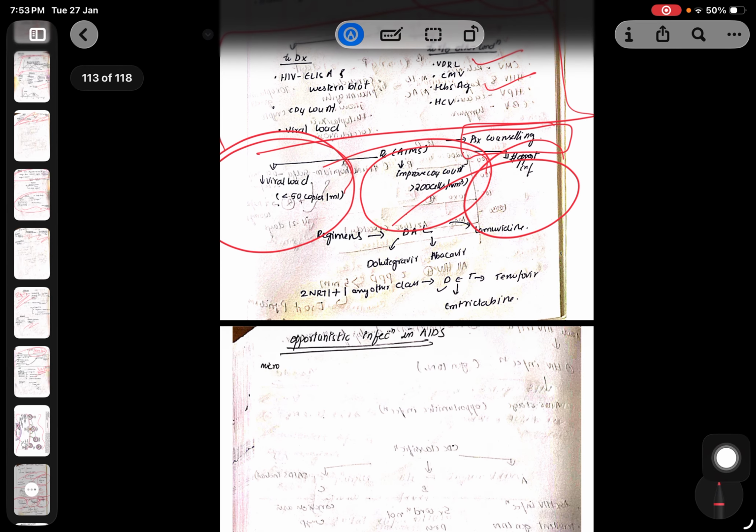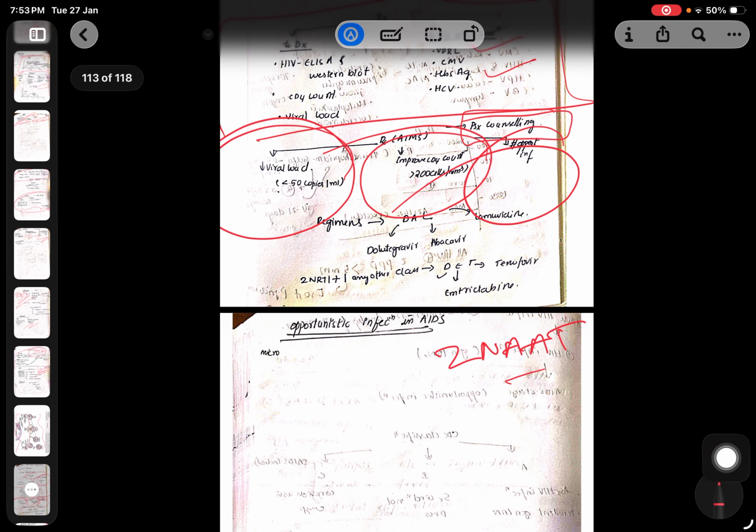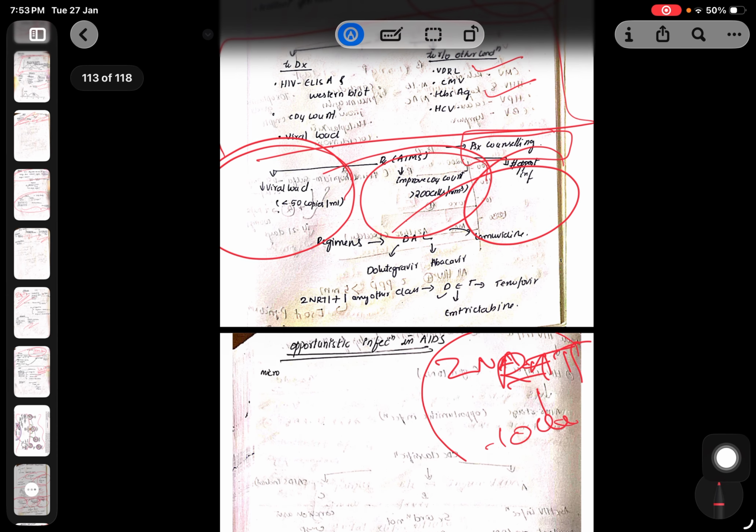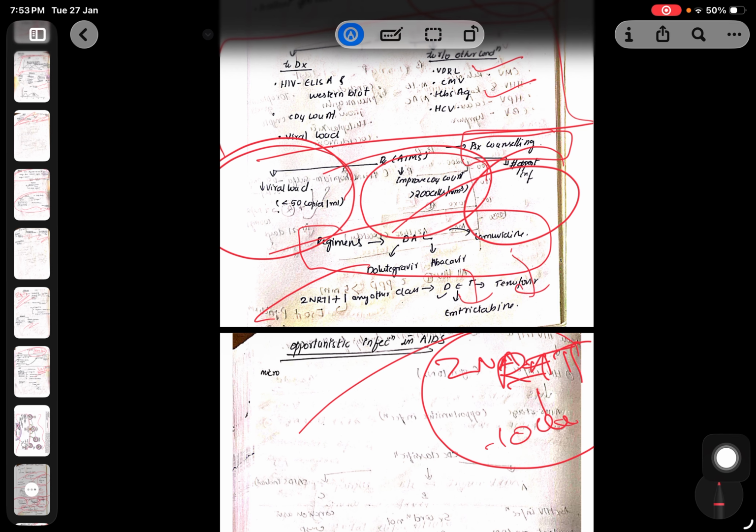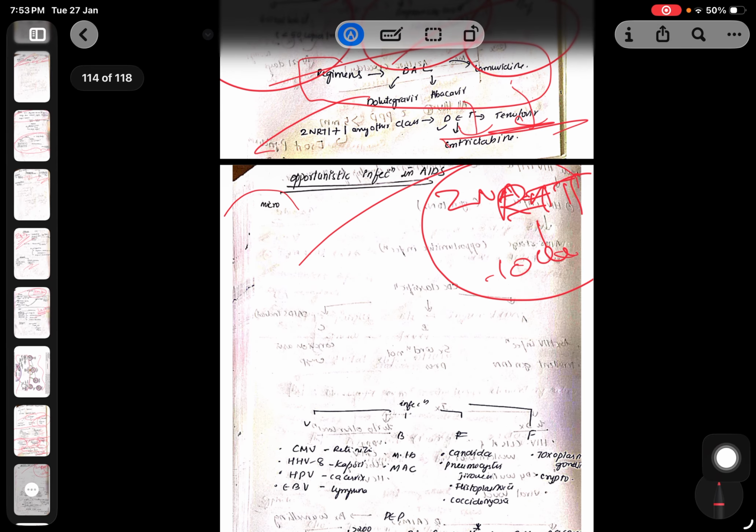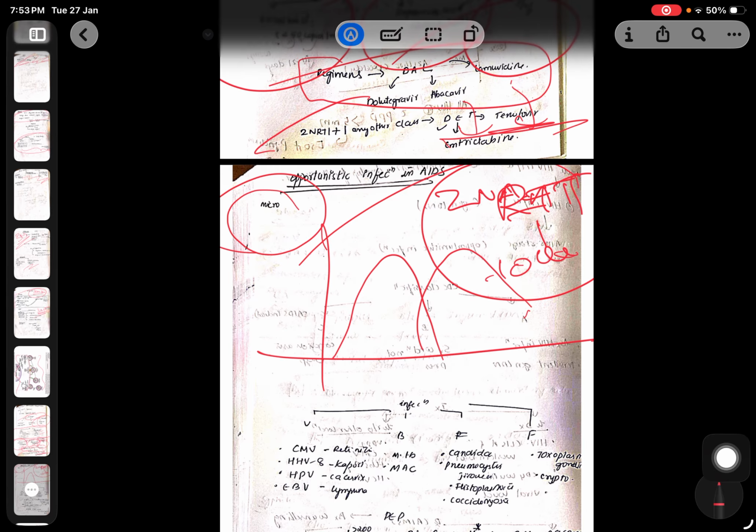Then the regimens: I have to give an NRTI plus any one other class of drug, which I remember as DAL, where you can give dolutegravir, abacavir and lamivudine, or all these regimens. Then opportunistic infections in AIDS: you have a beautiful diagram in Apurva Shastri, make sure you refer to that.